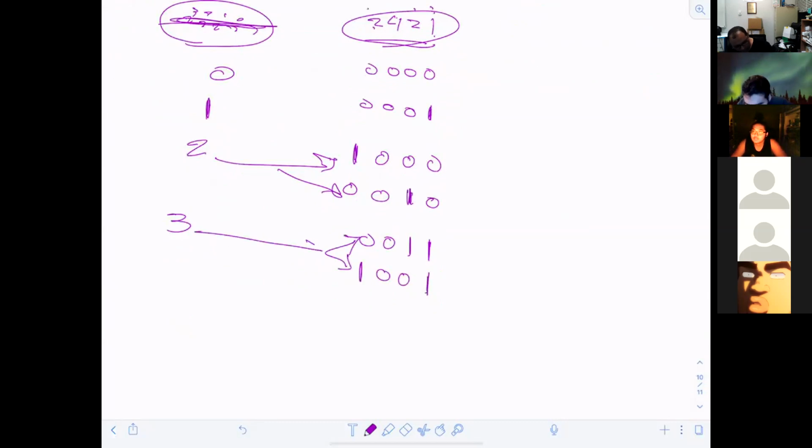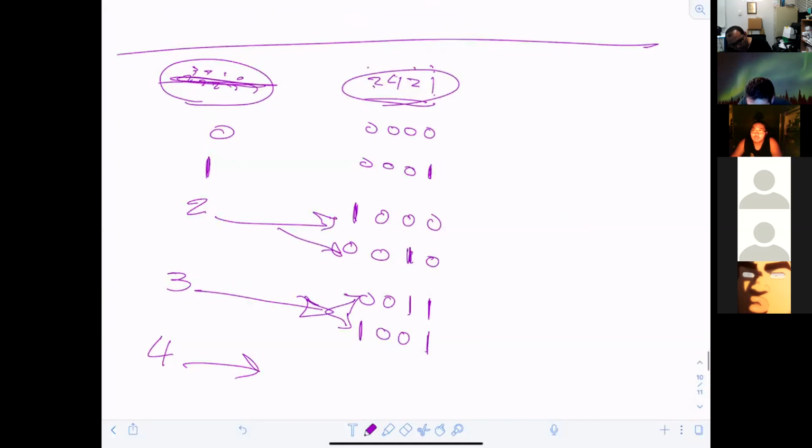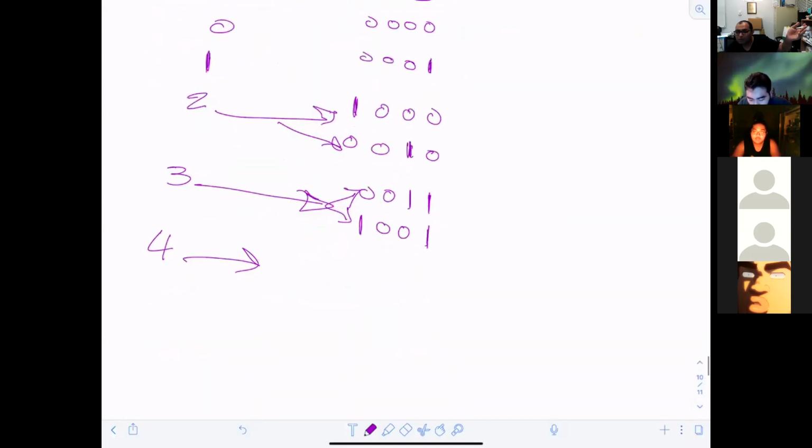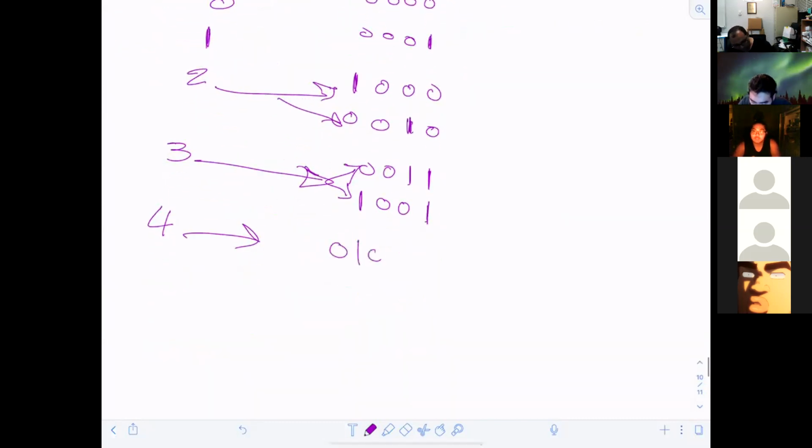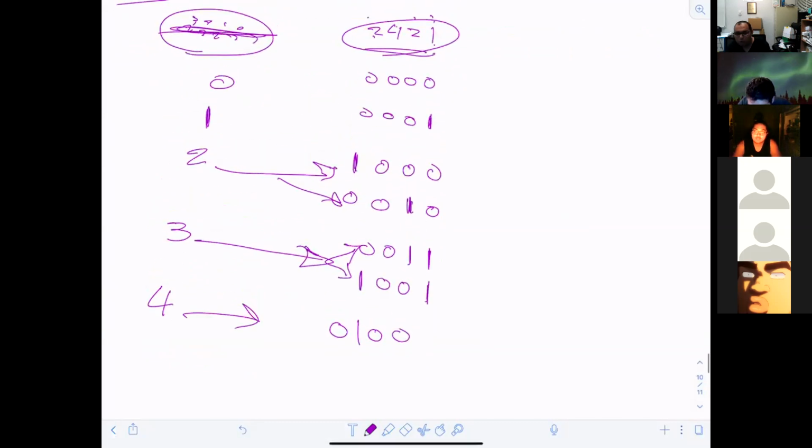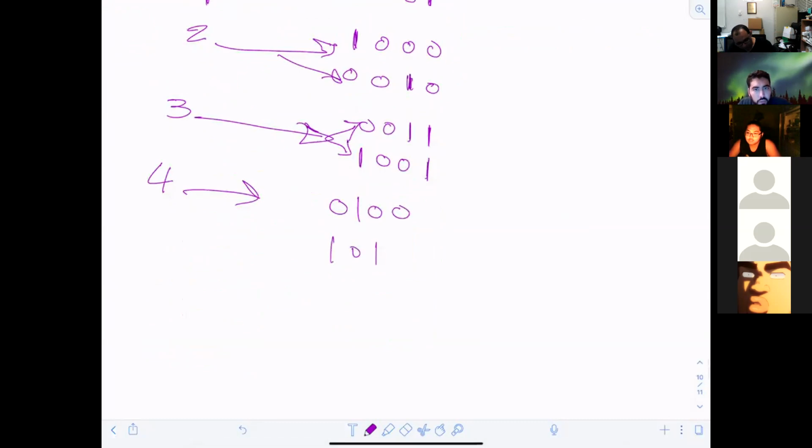Those two can be 3. 4, for instance, you can put 1 in the 4 and the rest zeros, so it's going to be 0 1 0 0. Or you can make 2 and 2, which is 4, and the rest 0, so it's going to be 1 0 1 0. That's also the 4. And you will continue up to 9. That sounds good? Make sense?